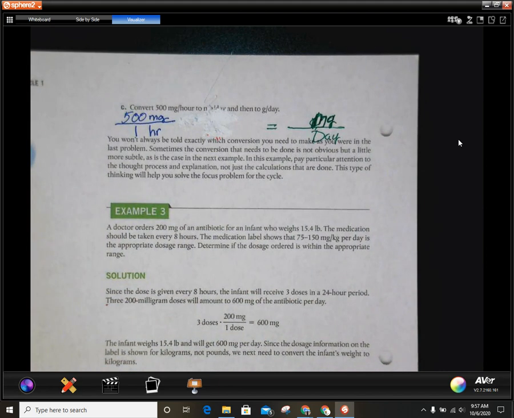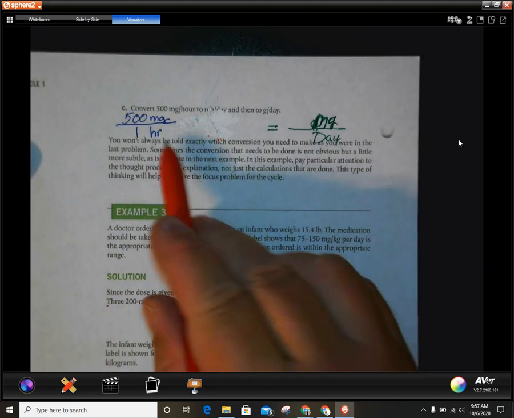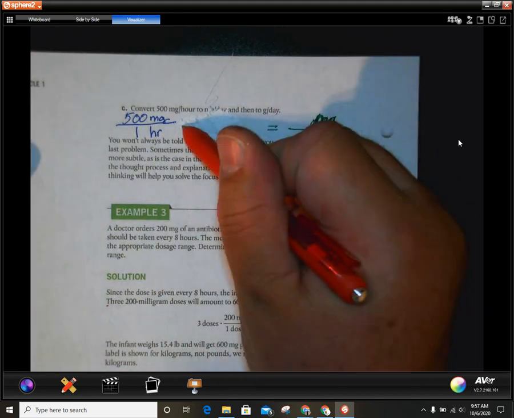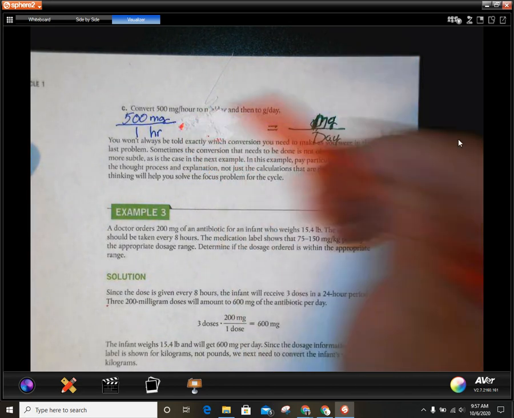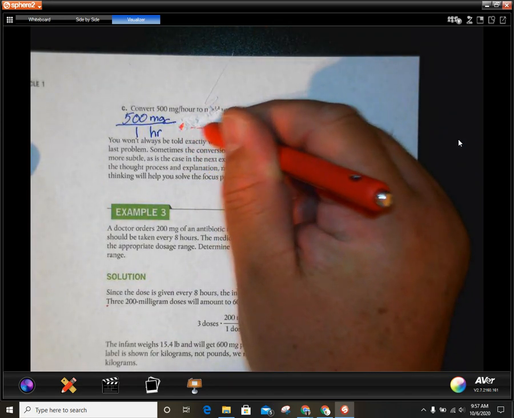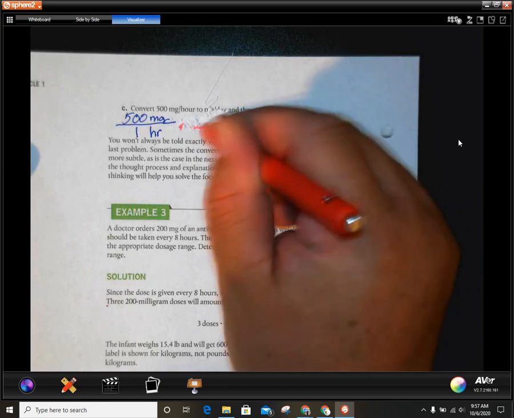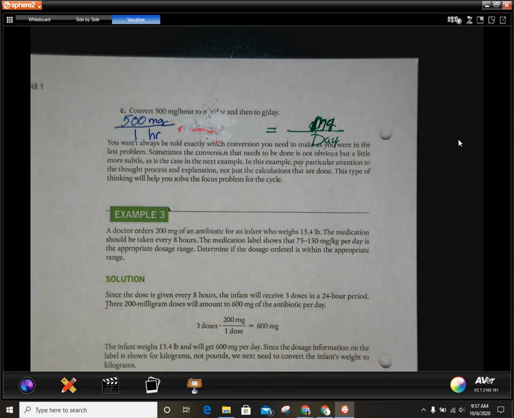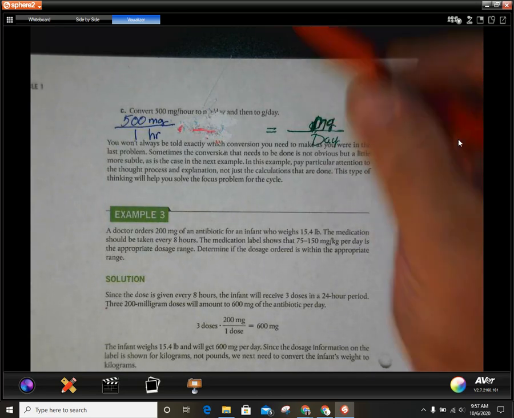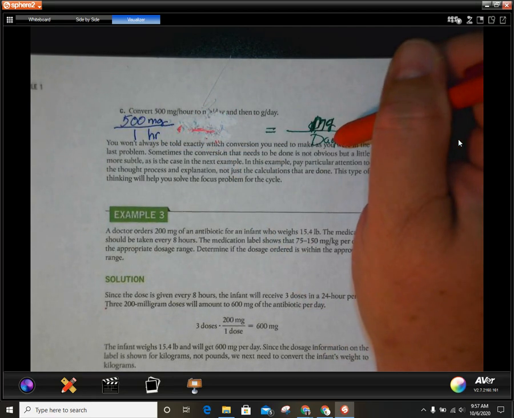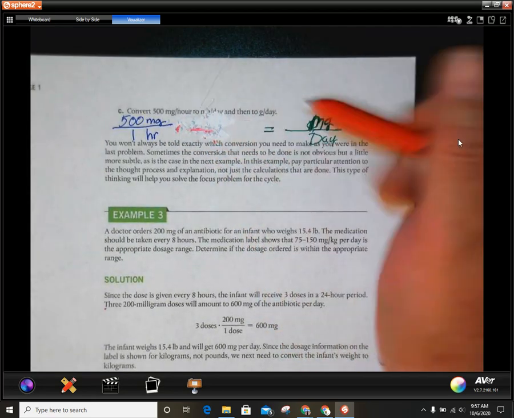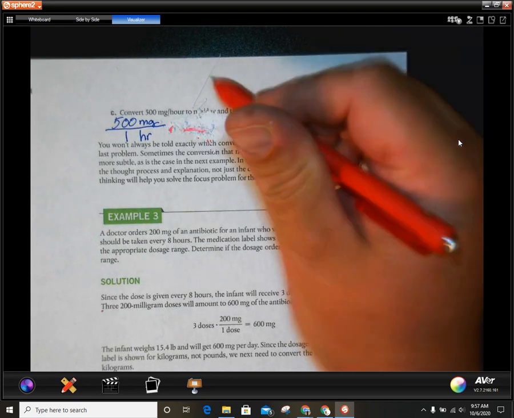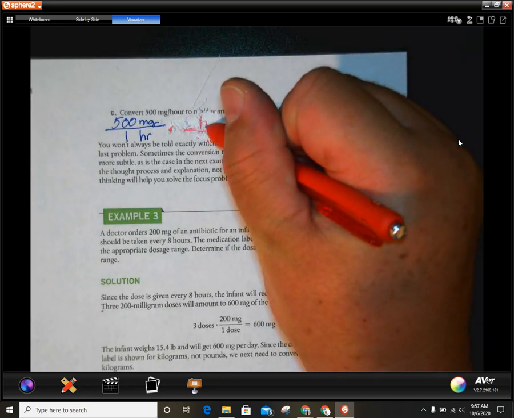Okay, let's see. We need to change hours today. So we're going to multiply this by, we want to change hours today. I know that there is hours on top so that they cancel.